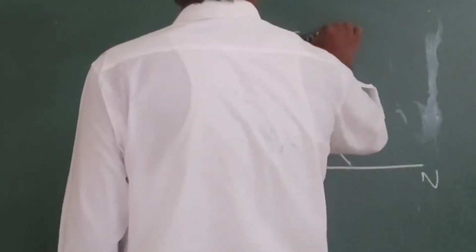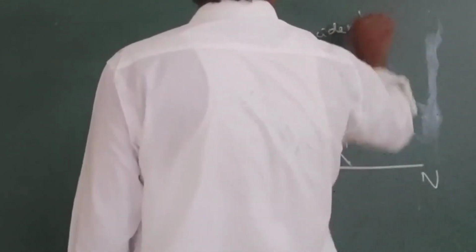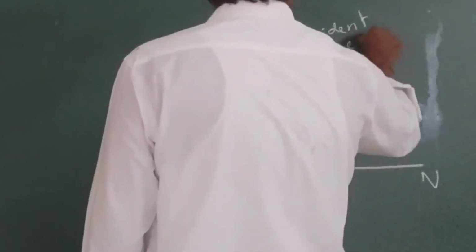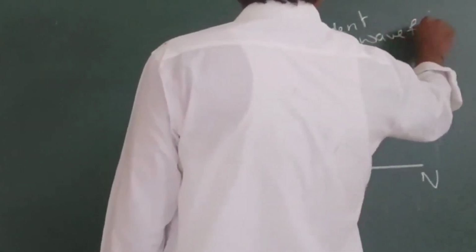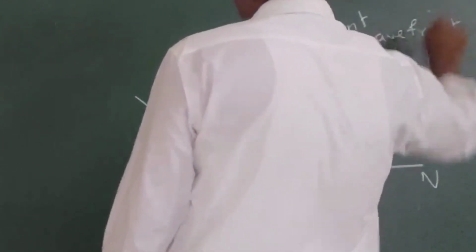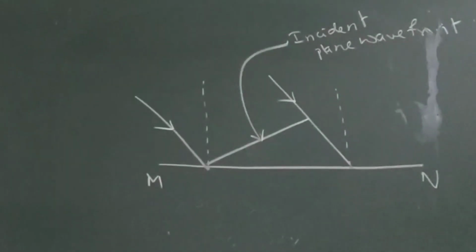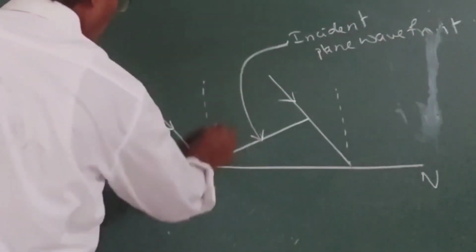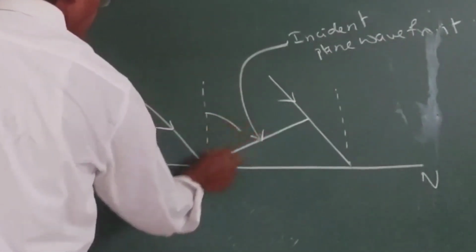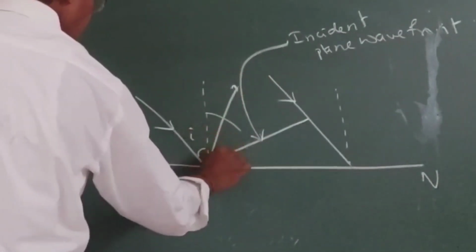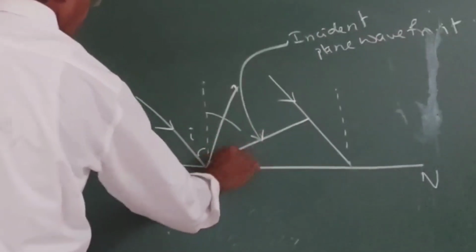Now we can see there is a reflected ray. If you draw a perpendicular here, this is the angle of incidence, you can call it i.